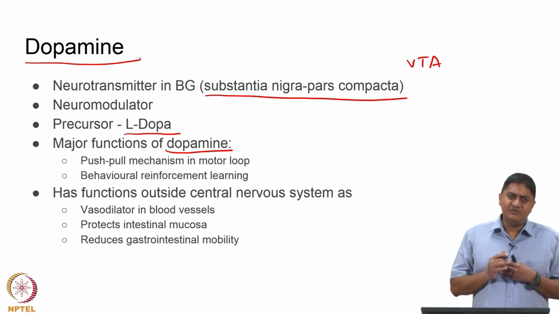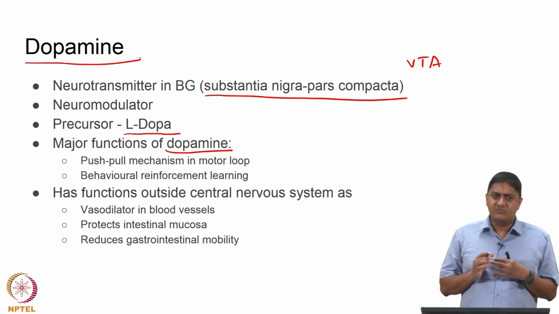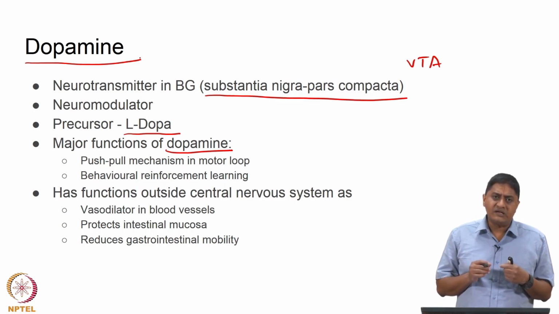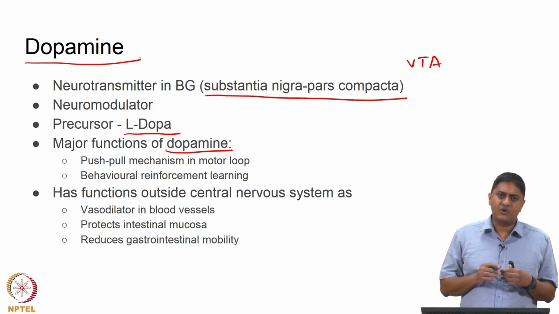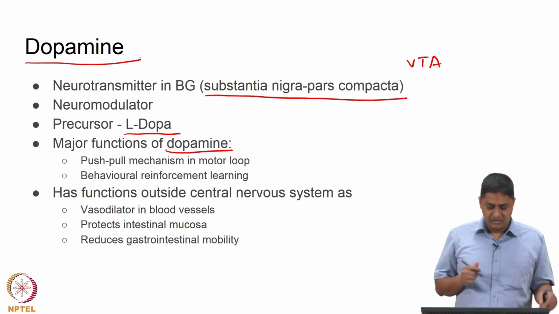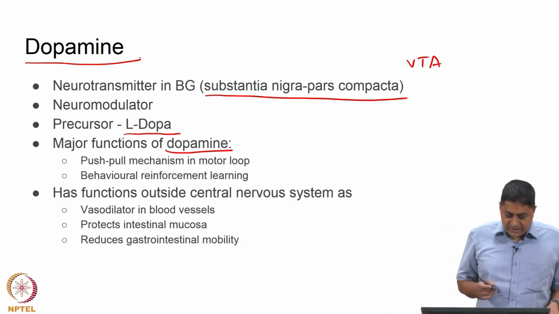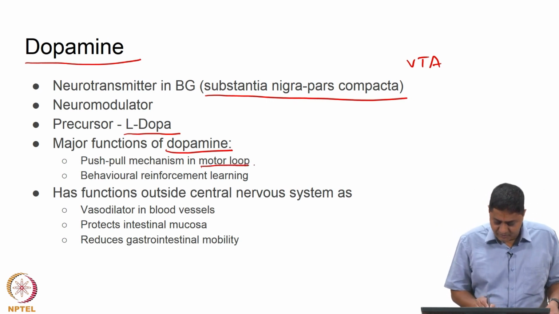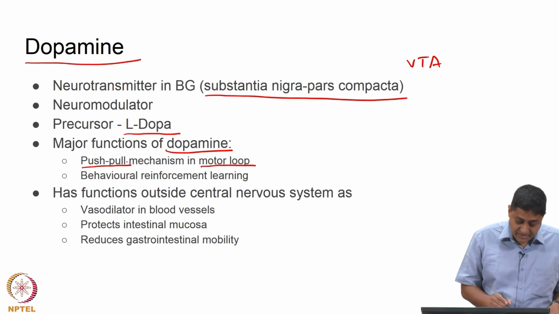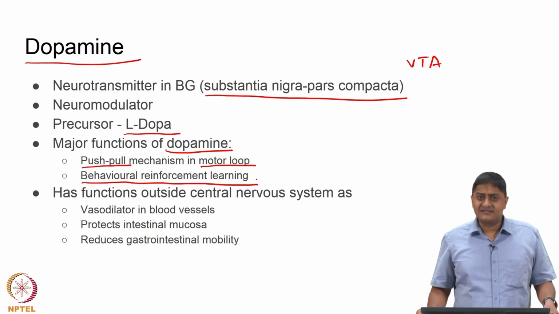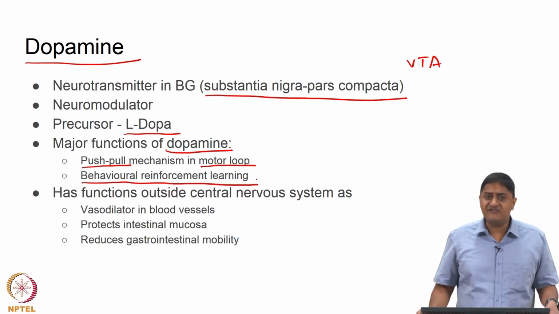Of course, here we will be focusing on movement related function, but let us remember that dopamine's function is not restricted to movement alone. It controls a whole range of behavior including and predominantly including movements. Importantly, dopamine acts as the push pull mechanism in the motor loop and acts as the signal for behavioral reinforcement learning.